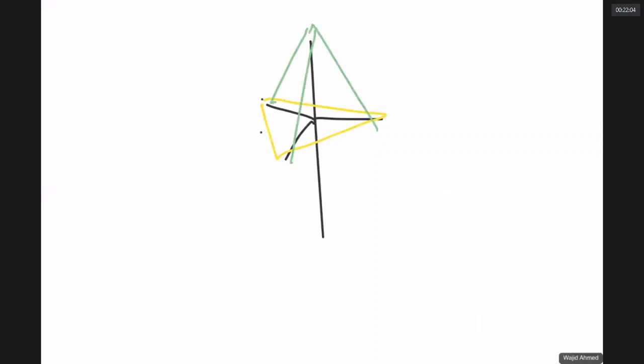Let me draw it in a better way. This is a trigonal plane, and this is a pyramid, and this is yet another pyramid. Trigonal bipyramid.